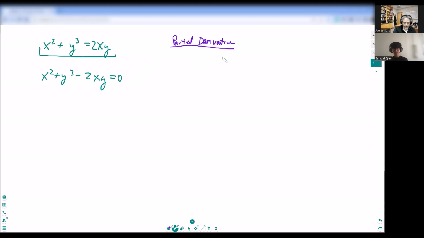Now, here's how it works when I'm doing partial derivatives as opposed to just taking our derivatives. It's a little bit different. If I'm taking the derivative, I want to do it once in terms of x, then I'm going to do it in terms of y. Here, x is going to be the variable that's changing. Down here, y is the variable that's changing. So if x changes, what does it mean in terms of y? It's not.